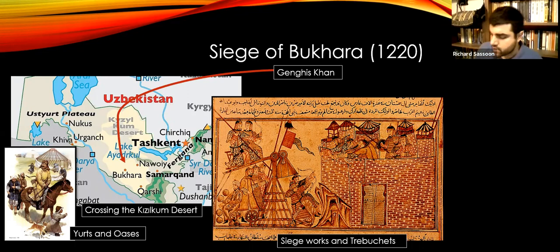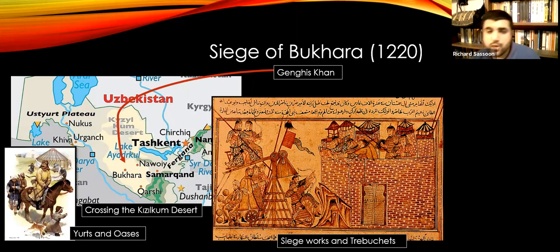So they crossed the Kizilkum Desert, and the thing is that the Persians were completely unaware that this was even possible. The Khwarezm Shah had believed that the crossing of the Kizilkum Desert was impossible. And this goes back to Aaron's point about map making and cartography. Genghis Khan had taken the time to figure out where all of the oases were in the Kizilkum Desert, and therefore was able to move his forces through those areas.